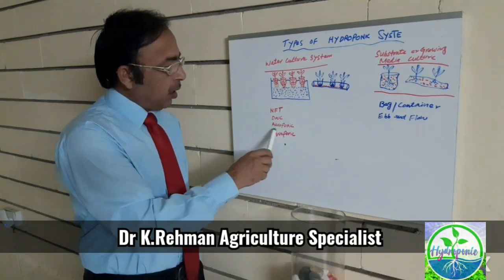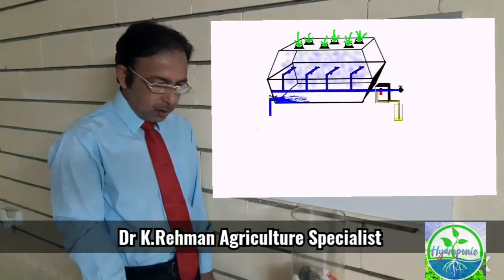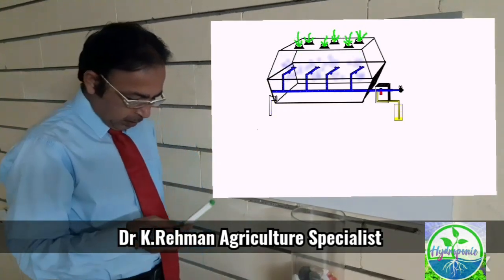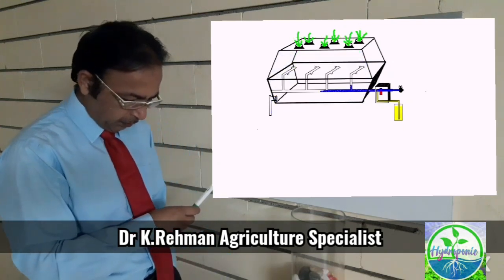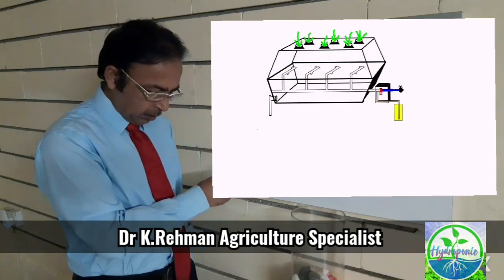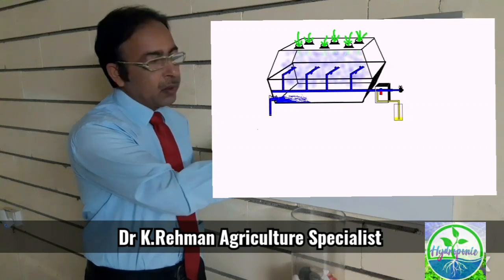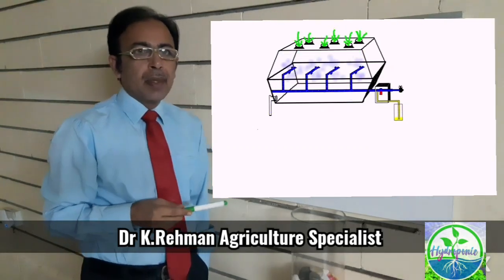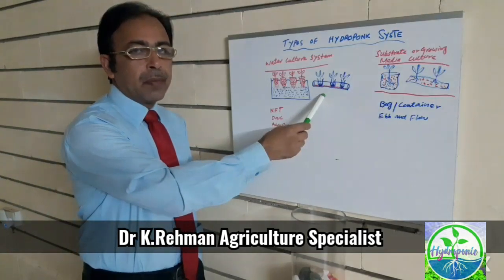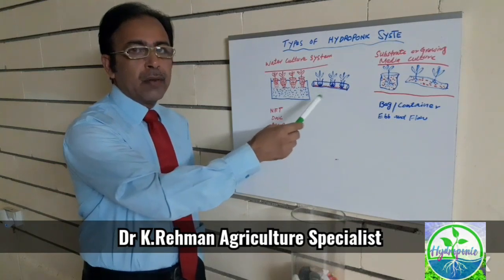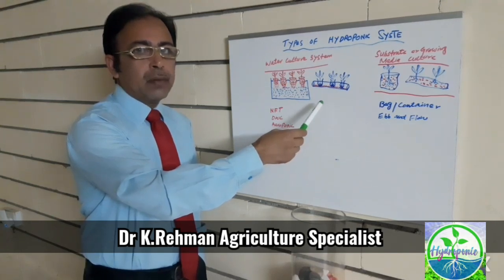The third one is aeroponic. In the aeroponic system, plant roots are just suspended in a closed chamber in which nutrient solution is misted or fogged at regular intervals, every 2 or 3 minutes.